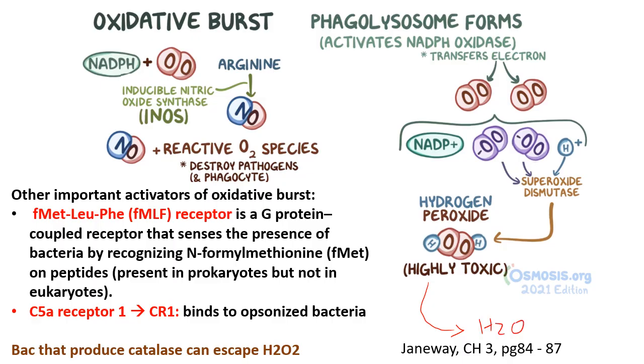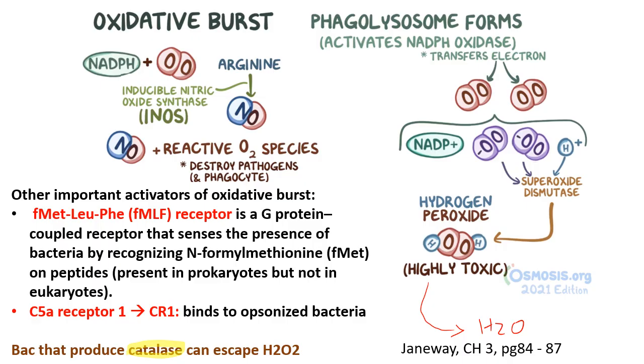And what is the name of the enzyme? Catalase. The catalase enzyme breaks down hydrogen peroxide to water. So bacteria that have catalase, or catalase positive bacteria, can actually escape this type of killing.